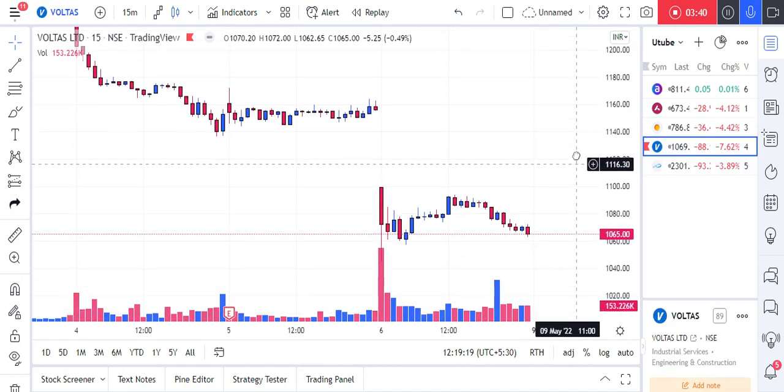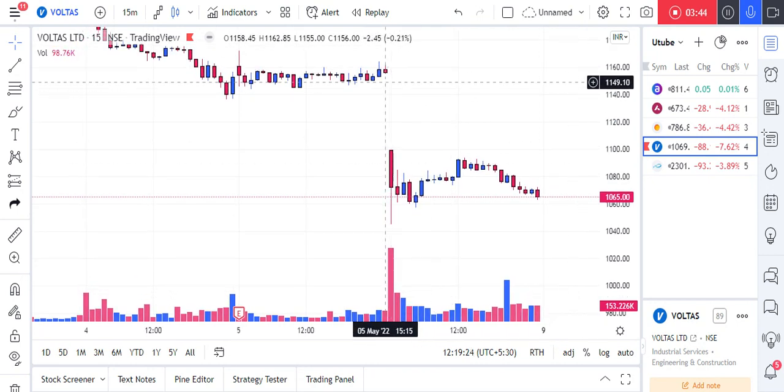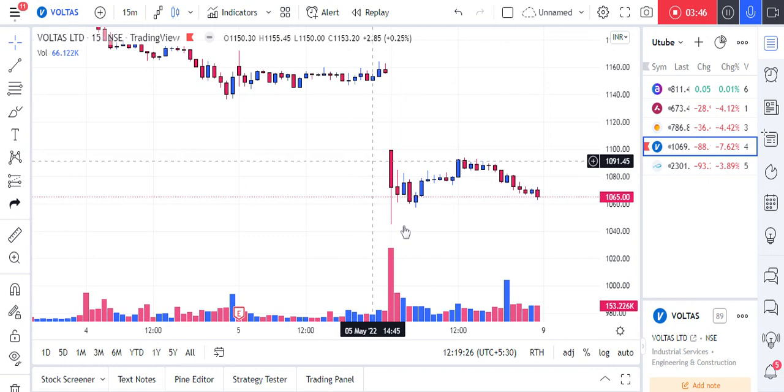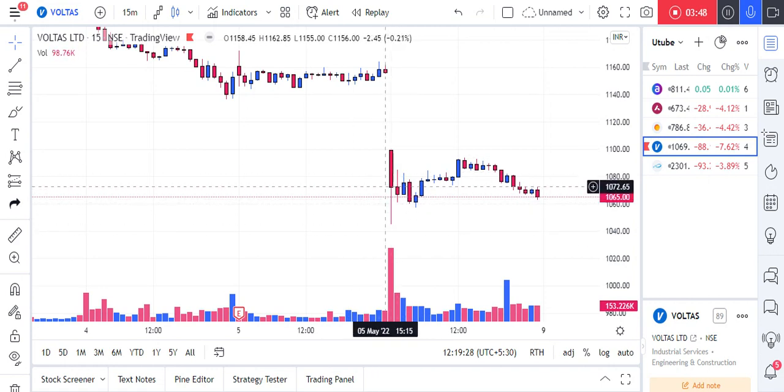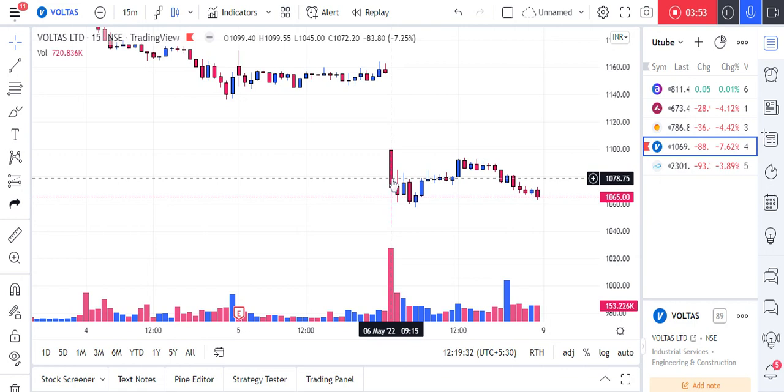See here, Voltas has opened below the previous day's low, but the lower wick is big. And also see the first candle's high-low range, which is nearly 46 points.